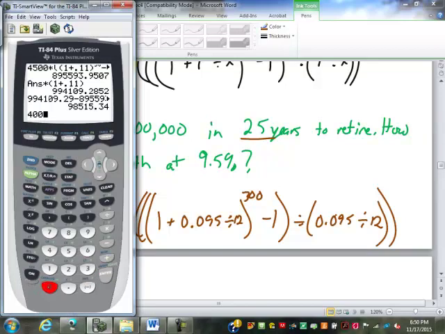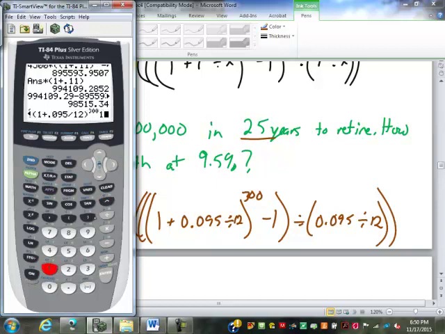So 400,000 divided by, 1 plus 0.095 divided by 12, to the power of 300, minus 1, close, divided by 0.095 divided by 12, close and close.